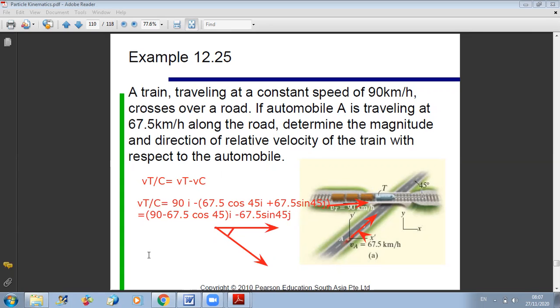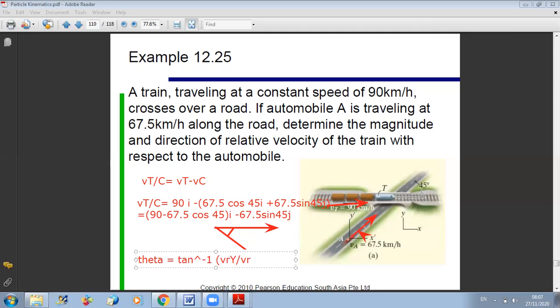So I put that my angle theta is tangent minus 1 of v relative y over v relative x, and I put absolute value.